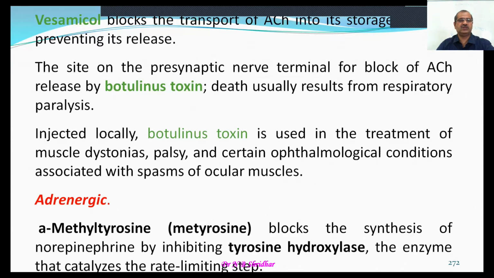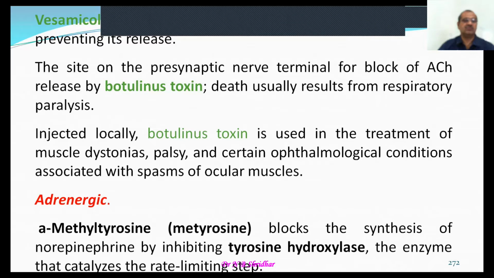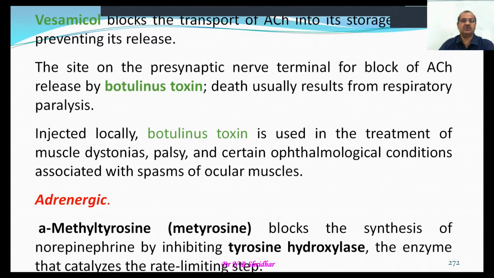The botulinum toxin is present in any decaying material affected by Clostridium botulinum, and the preformed toxin is ingested by the animal. The toxin acts on the terminal, inhibits the release of acetylcholine, and there will be flaccid paralysis.